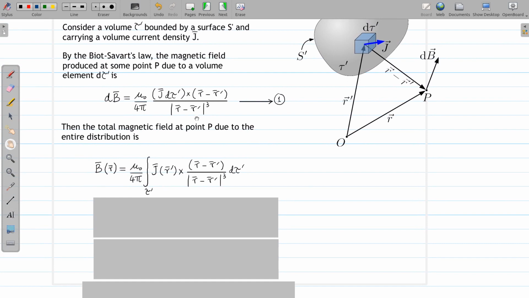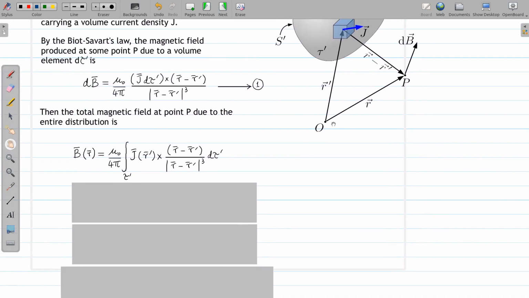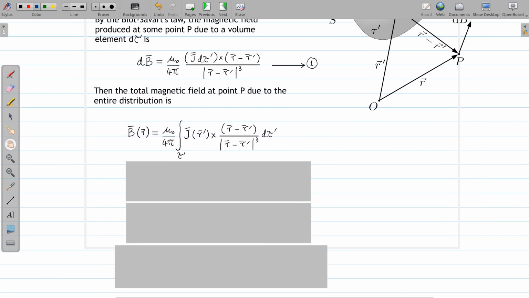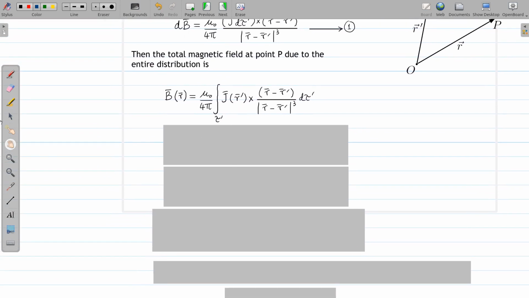The integration is done with respect to r prime, so whatever is left behind will depend only on r, and so B is a function of r, which makes sense because r is the field point. Mu naught by 4 pi being a constant, we can take it outside, and then we have a volume integral of J cross r minus r prime divided by modulus r minus r prime cubed. This is the total magnetic field at point P due to the entire distribution.